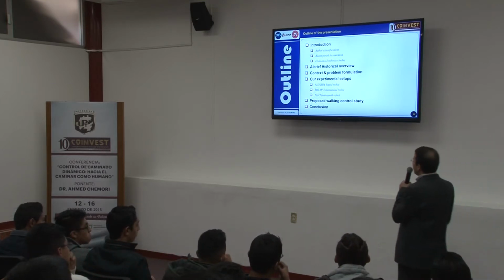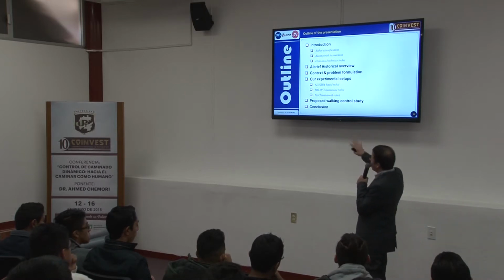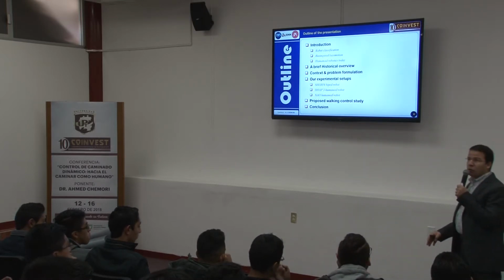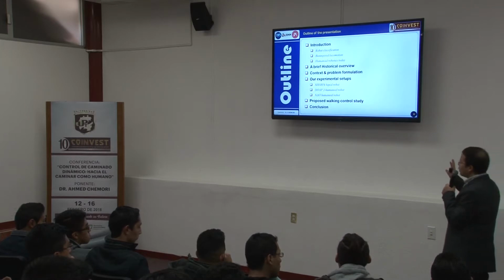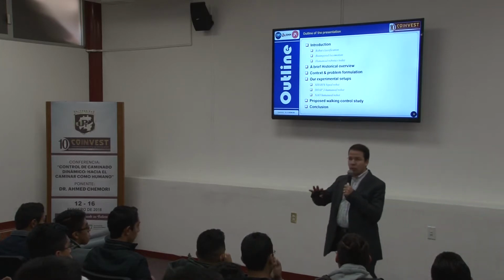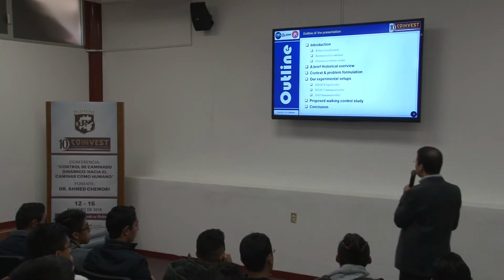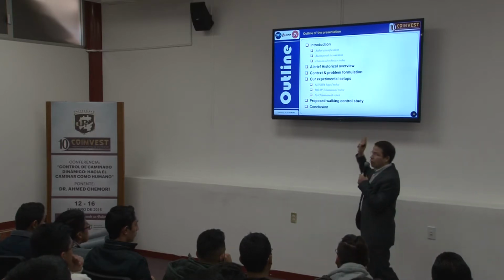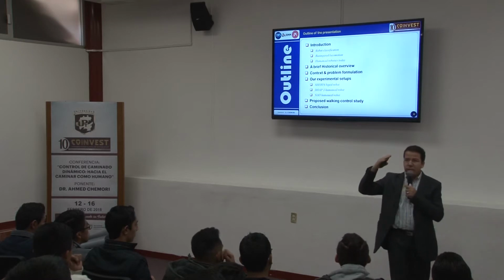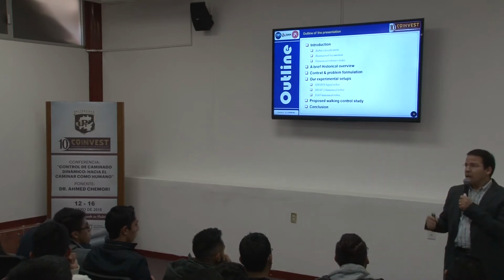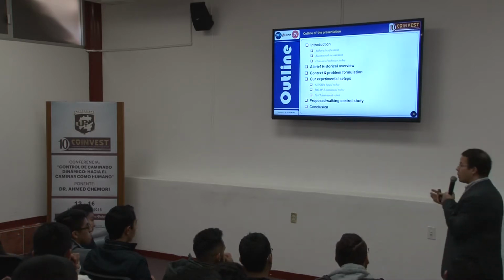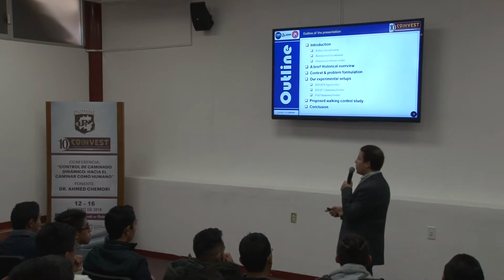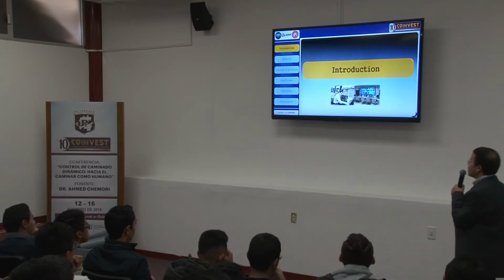We have a biped walking robot called Sherpa, and we have 2 humanoid robots. All these 3 experimental platforms will be used to validate the proposed control schemes. Then the most important part is the proposed walking control study. It contains different steps, and I will detail all these steps until we get to the experimental results. I will conclude the presentation at the end.